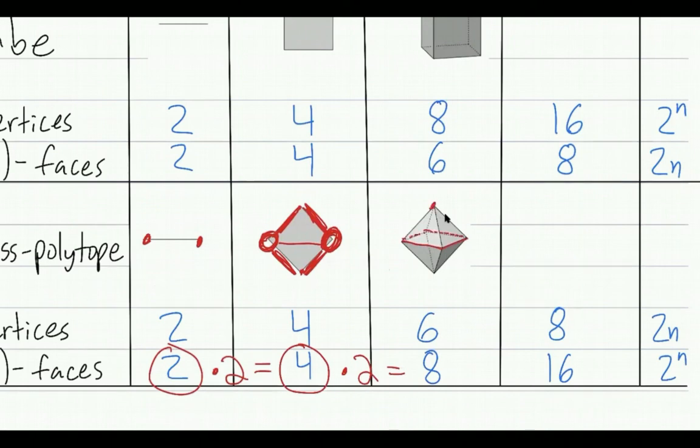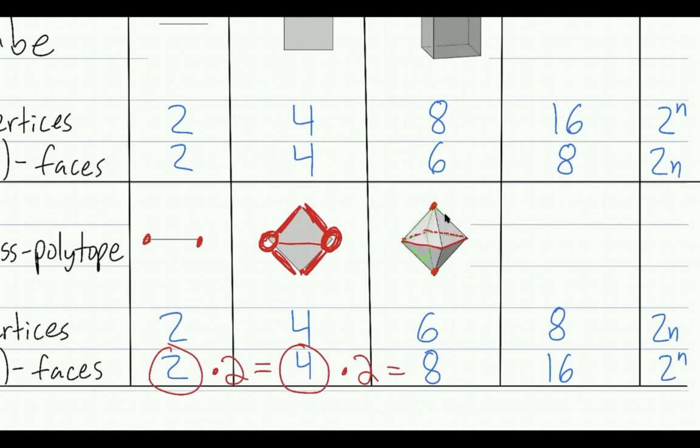I add a vertex on top and on bottom, and then I cone. And then when I cone, this 1-dimensional face gives me 2 triangles, the northern hemisphere triangle and the southern hemisphere triangle. This 1-dimensional face gives me 2 triangles, northern hemisphere, southern hemisphere. This 1-dimensional face gives me 2 triangles in the northern and southern hemispheres. And lastly, this 1-dimensional face gives me 2 triangles in the northern and southern hemispheres.